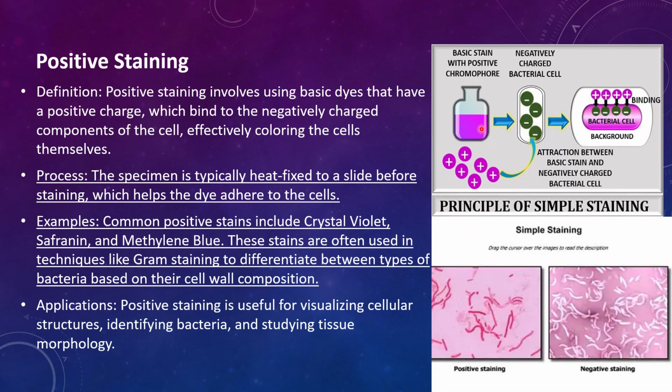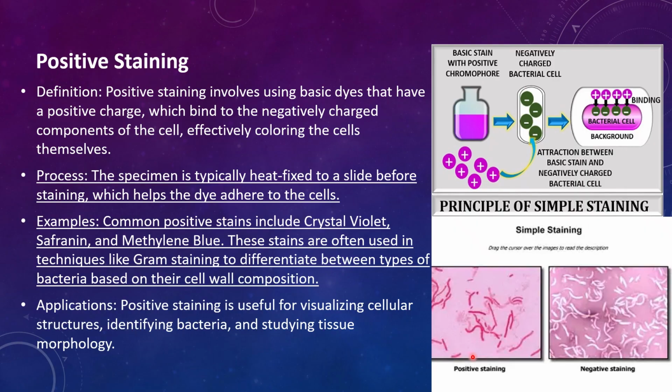When we put this positively charged dye onto the cell, the positively charged dye attracts the negatively charged components of the cell and they get colored. As you can see here, all the positively charged dye is getting bound to the negatively charged components of the cell, and as a result the cell gets colored. So this is the basic simple principle which positive staining uses.